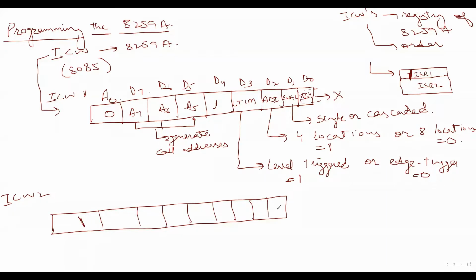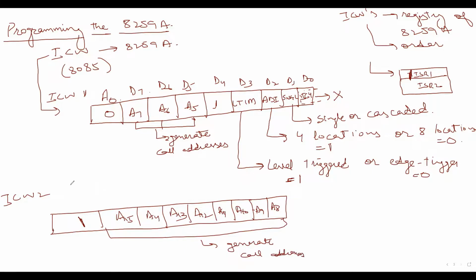And these 8 are called A8, A9, A10, A11, A12, A13, A14, A15. So these bits are also used to generate call addresses.